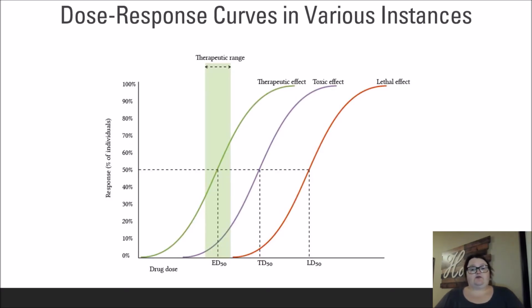Here, you see a dose-response graph that shows 3 different curves. This shows us the 3 levels of particular drug therapy. Those 3 levels are the therapeutic effect, ED50, the toxic effect, TD50, and the lethal effect, LD50. Let's talk about each of these in turn.